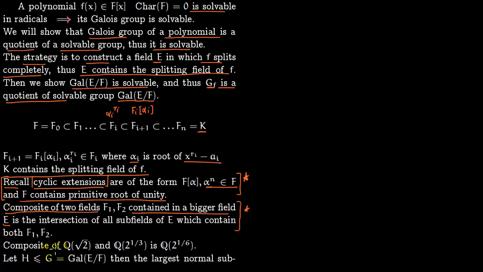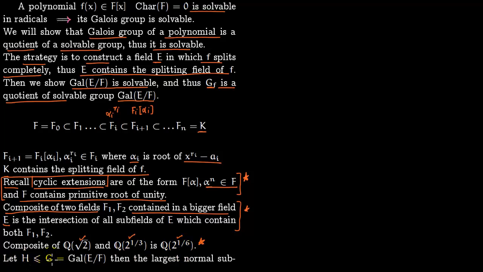The composite of, say, Q(root 2) and Q(2 to the power of 1/3) is Q(2 to the 1/6), because this will contain both of them, and if you take the third power of this and the square of this, things would be clear.